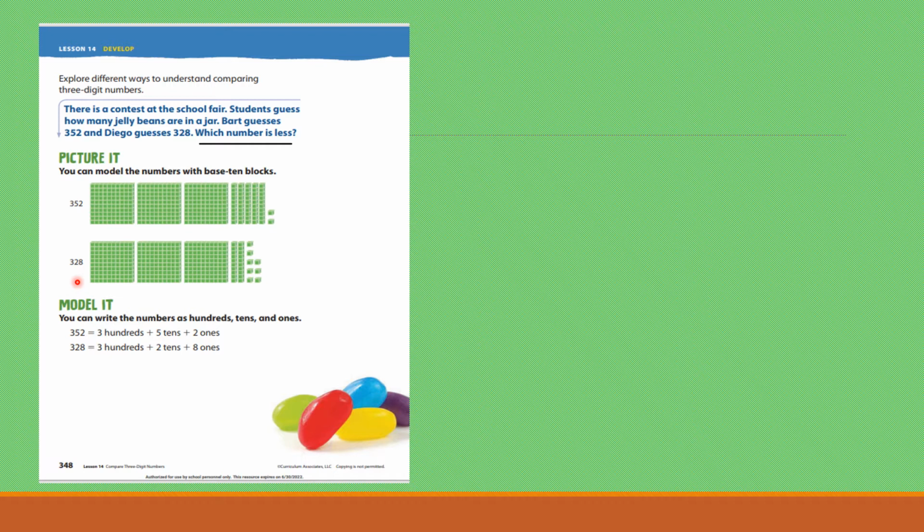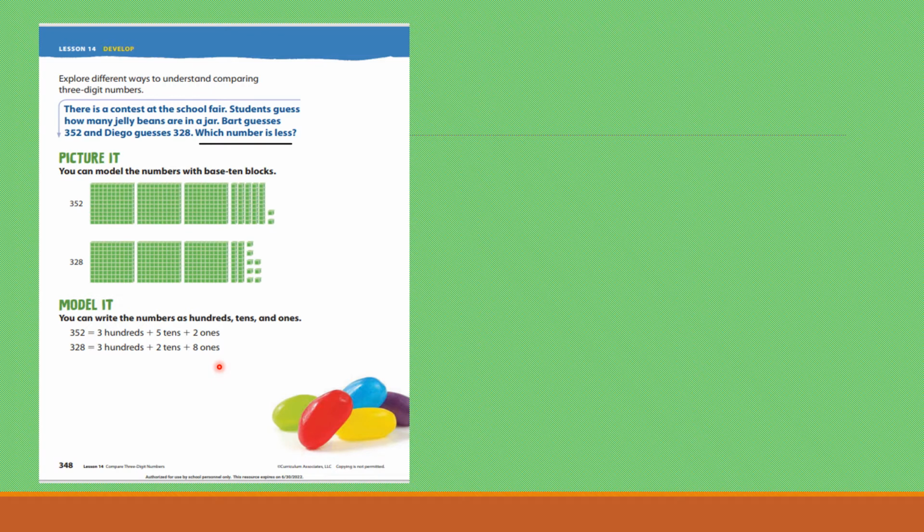It is less. The other way they're showing you can answer this problem is by modeling it, and you can write the numbers as hundreds, tens, and ones. 352 equals 3 hundreds plus 5 tens plus 2 ones. 328 equals 3 hundreds, 2 tens, and 8 ones.